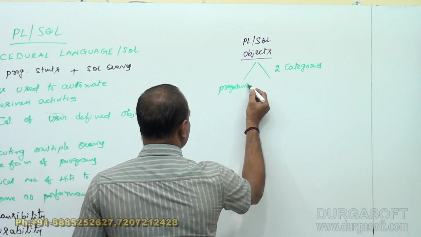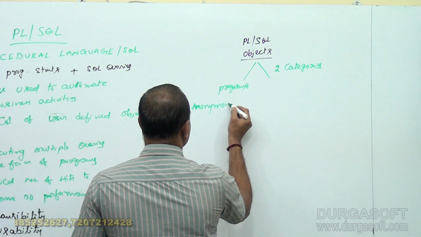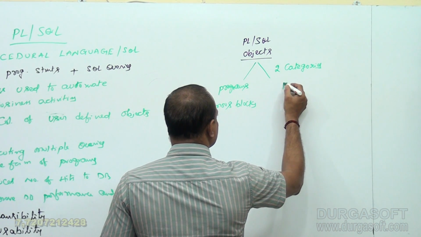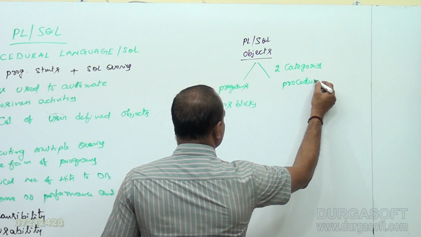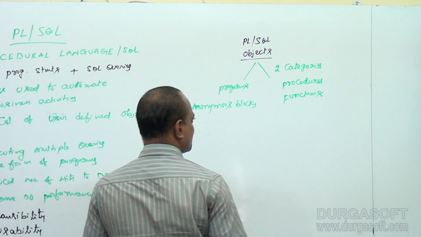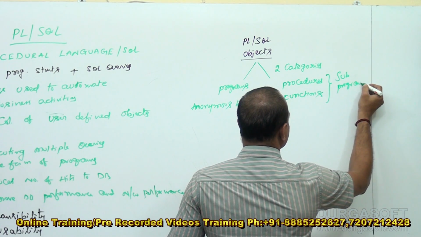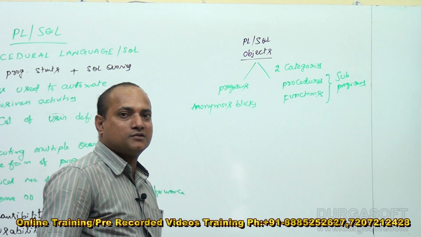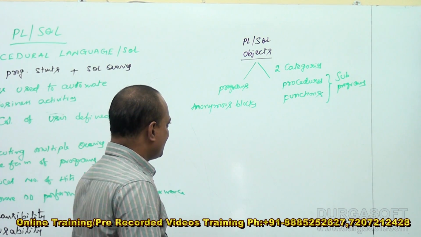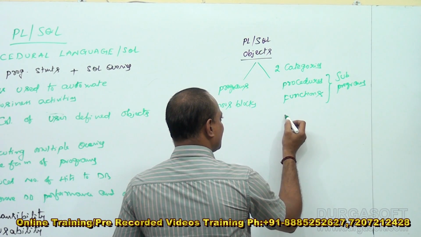One is programs. Programs are also called anonymous blocks. Another one is procedures, and somebody can say functions. Procedures and functions are called subprograms. Remember, everything is a programming construct, like arrays, cursors, types.